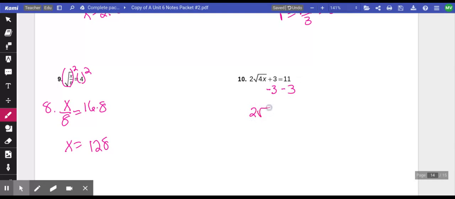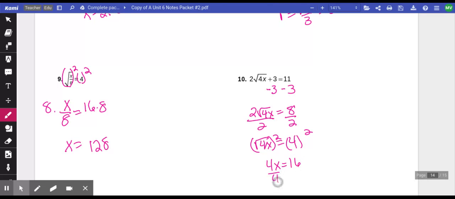So that's 2 radical 4x equals 8. And then divide by 2. So I have radical 4x equals 4. Now square both sides, and 4x equals 16. Divide by 4. x equals 4.